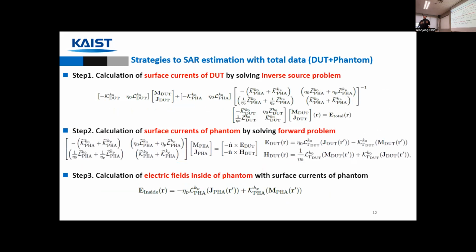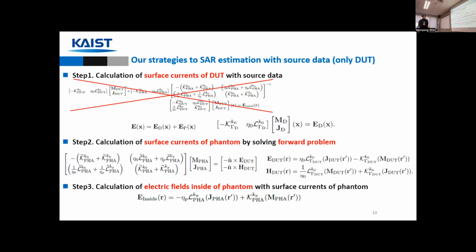From the surface theorem, something like that, we only need the surface current of the object. So from the data we reconstruct the surface current, then we can calculate the electric field inside it.